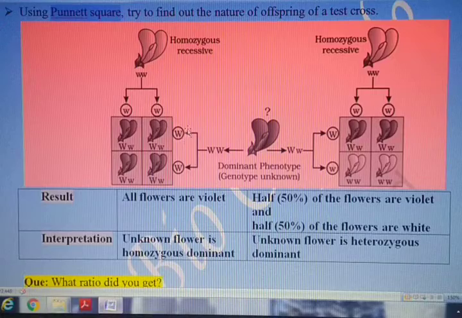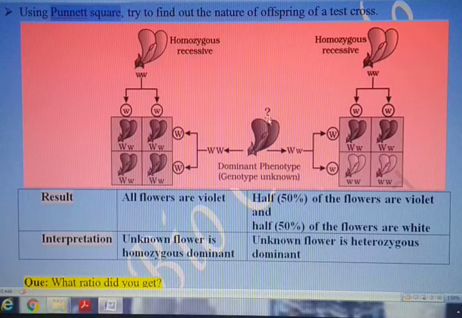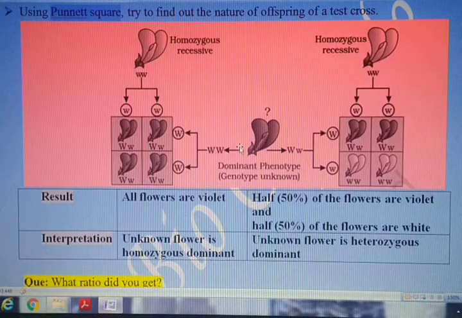So that's why here we are taking capital W gene for one parent, and the other parent is the recessive parent, that is the homozygous recessive parent, and this one is the dominant parent here, because the character that has been shown phenotypically is the dominant one, which is having a violet flower.